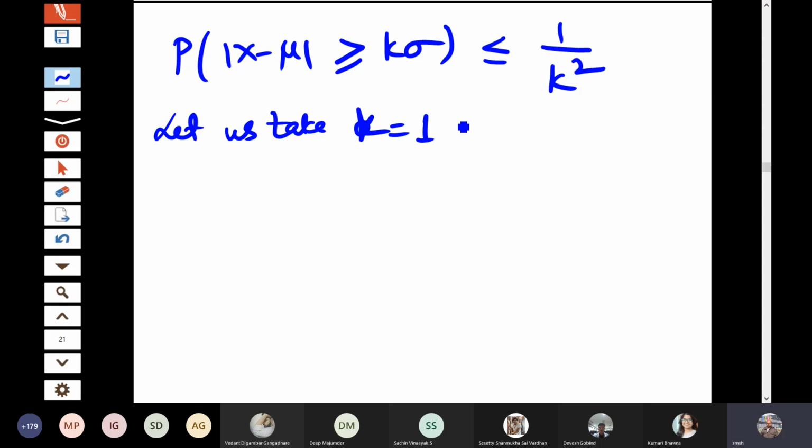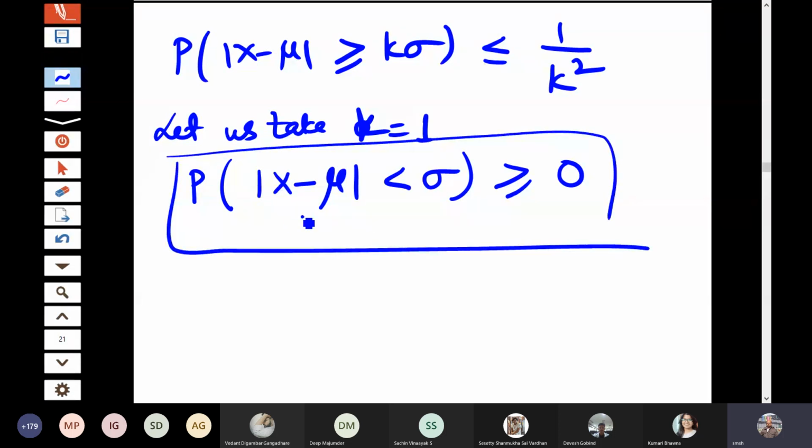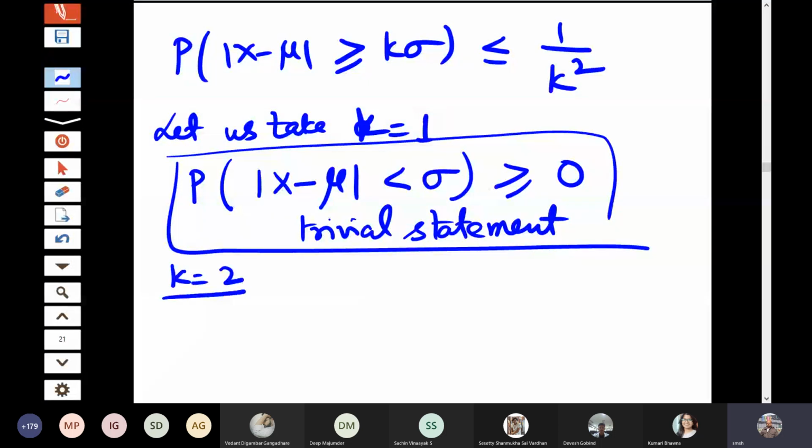Then you will get probability of mod of x minus mu less than sigma is greater than or equal to 0. So this is a trivial statement, because I am saying a certain probability is non-negative. So this does not give you much information. However, if I take say k equal to 2, then what is the statement?